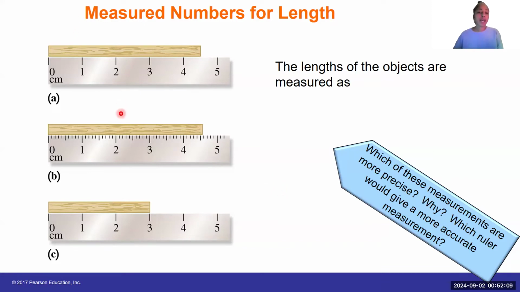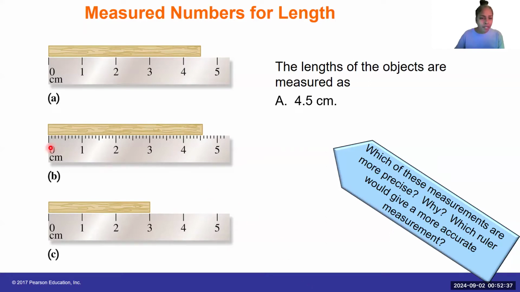In letter A and letter B, we have the exact same piece of wood that we're measuring on 2 different rulers. Let's take the measurement of each of these objects. Looking at letter A, I would measure that this object is about 4.5 centimeters. What do you think?